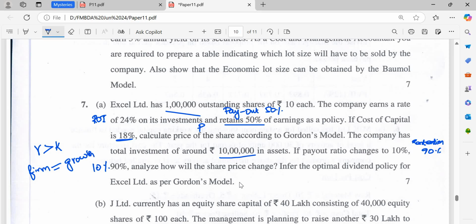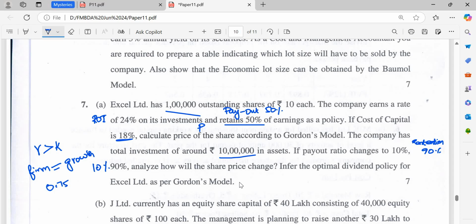So as per Gordon's model, if our retention ratio increases, my value of share also will be increasing, right? So my optimal retention ratio will be always 0.75. If it is going more than 75 percent, my value of share won't increase that much.